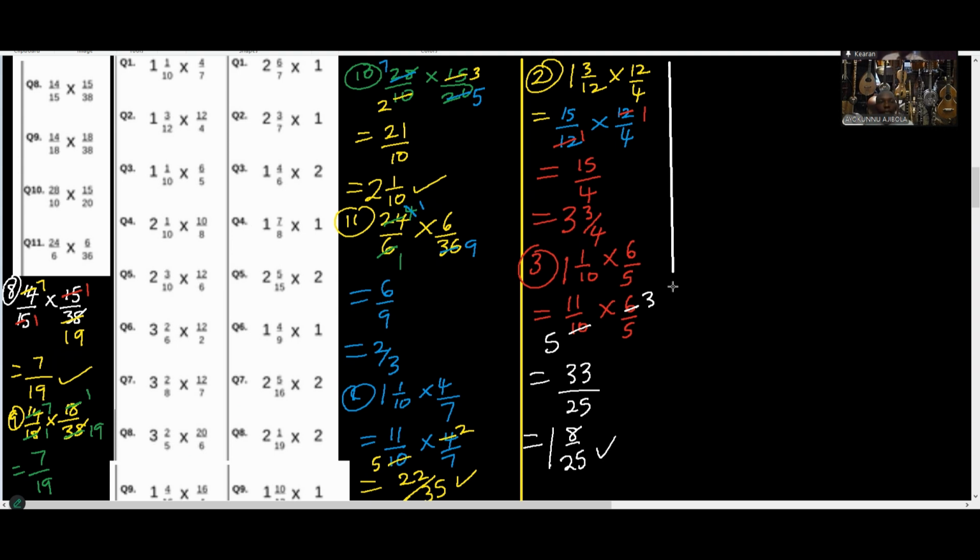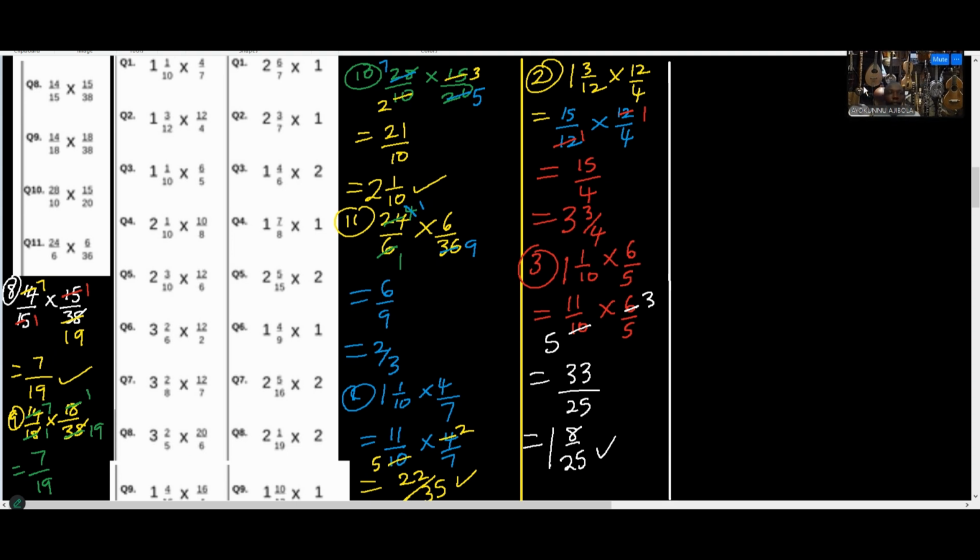Then the next one, that's number 4, 2 whole 1 over 10 times 10 over 8, not 6 over 5, that I was looking at. So times 10 over 8.